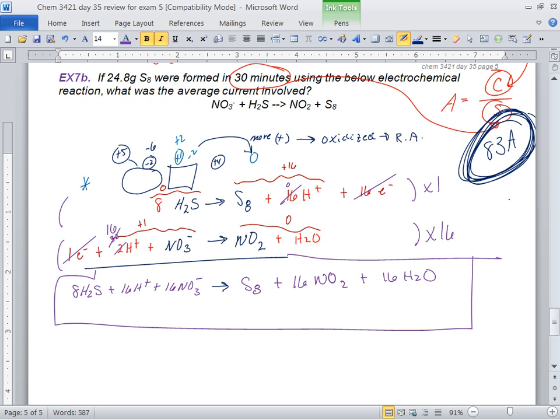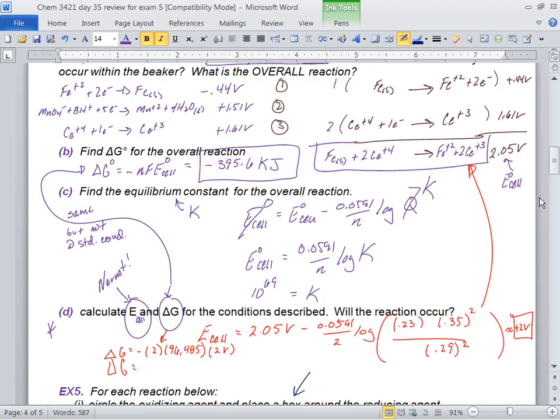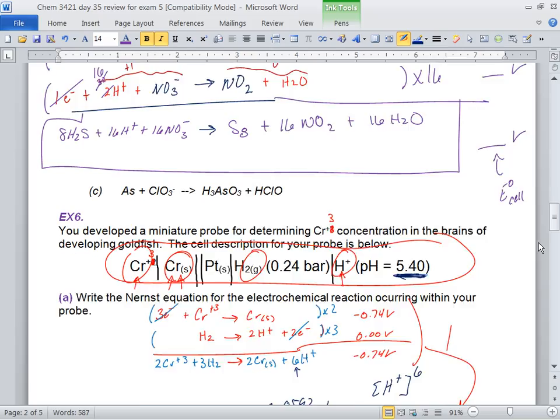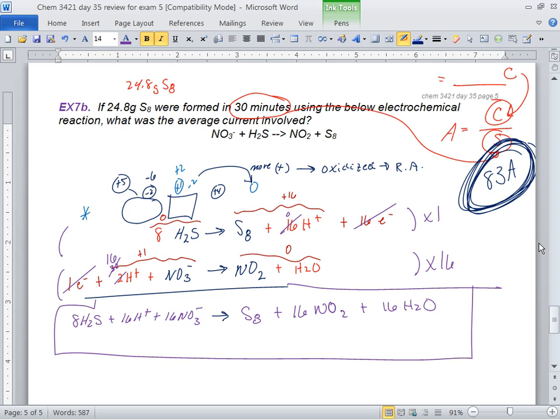EX8 is very similar, I think, to 7B. Like that chromium one. On the next page, it's 1.2.